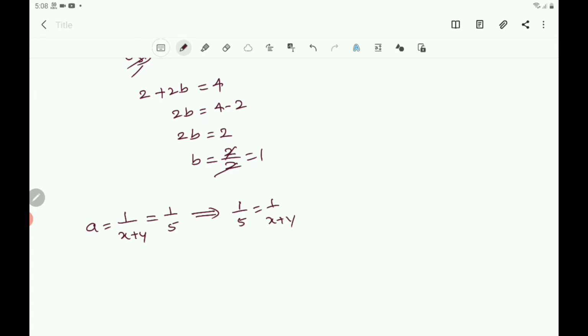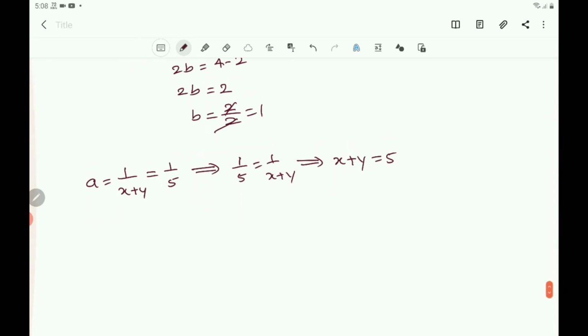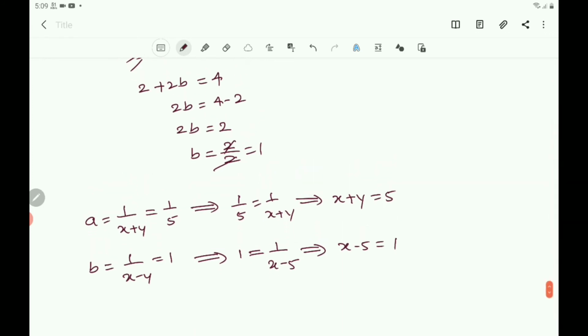That implies, by cross multiplication, x plus y equals 5. Next, b equals 1 by x minus y, which equals 1. That implies 1 equals 1 by x minus y, so x minus y equals 1. Here it is x minus y, not 5.